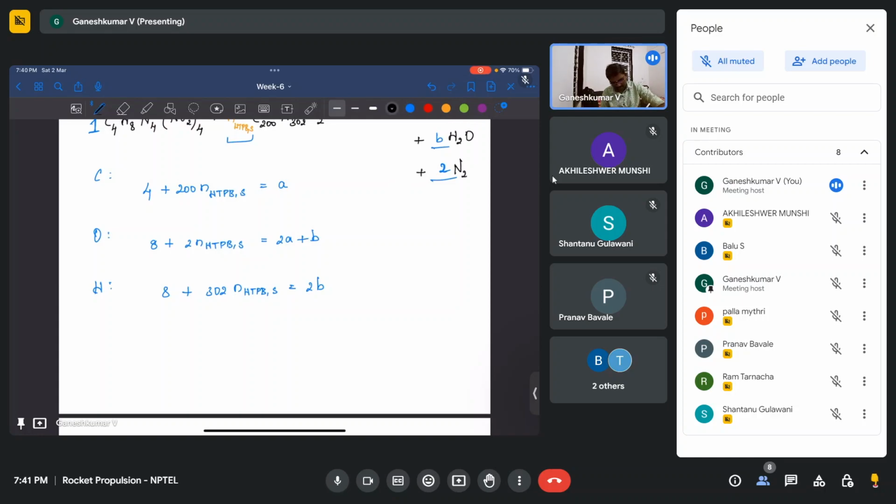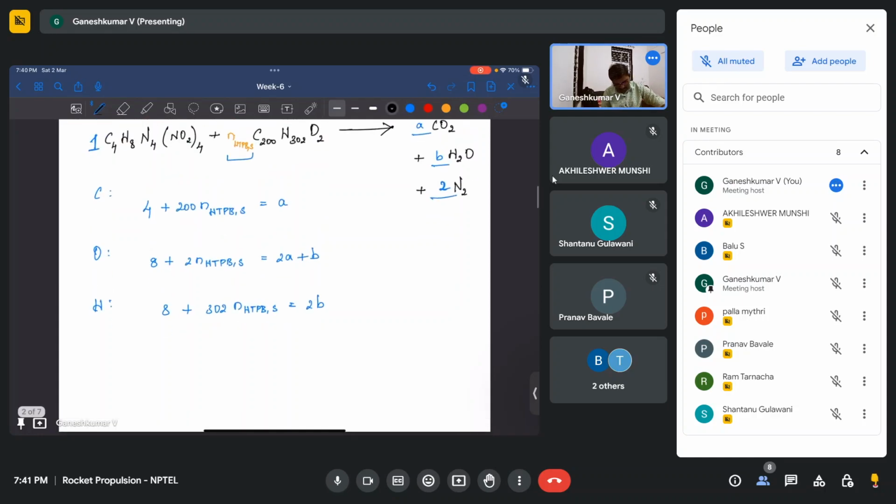Can anyone calculate and let me know? Let me go ahead and do some smaller calculations.